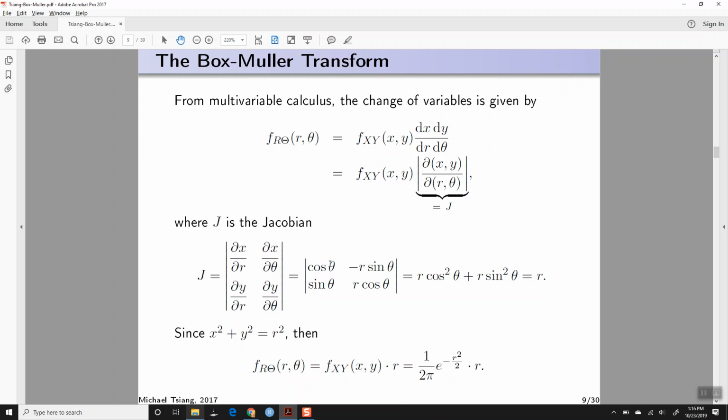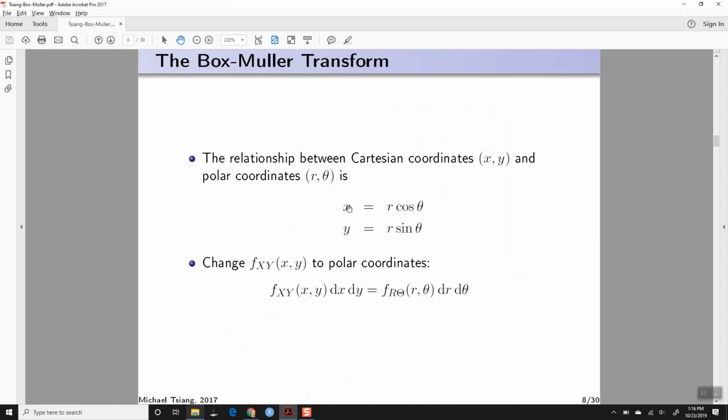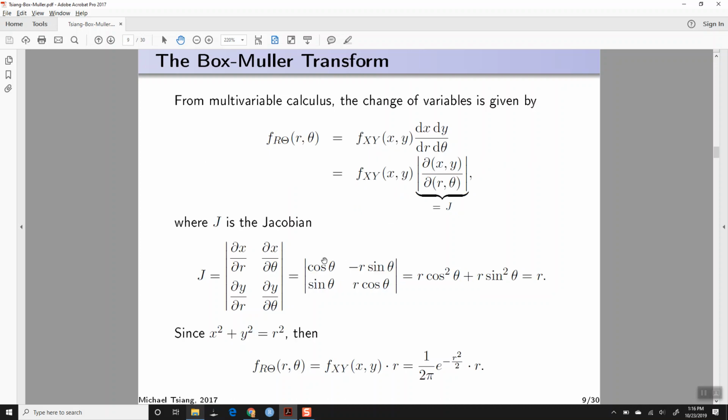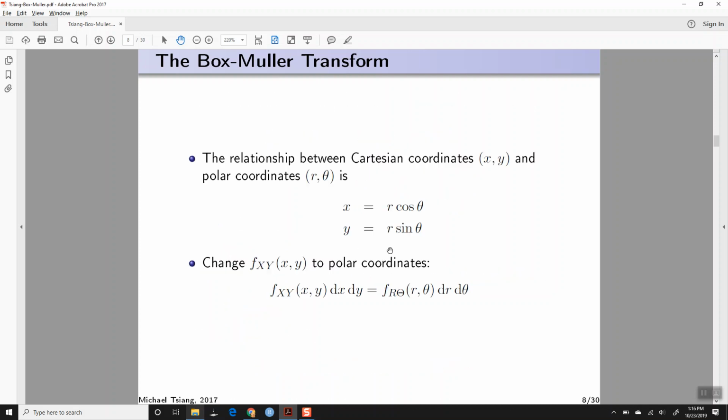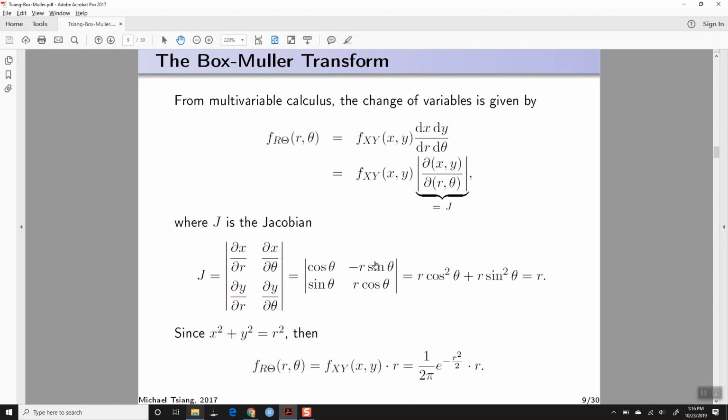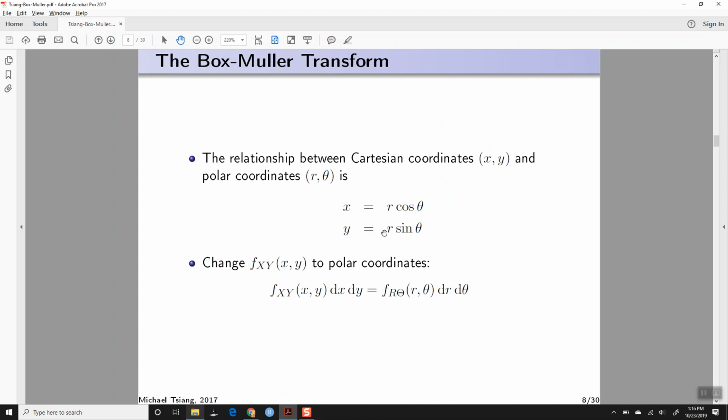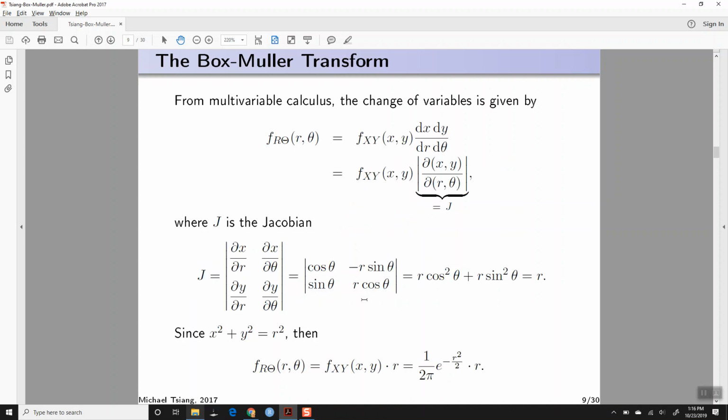And so if you ask, what is dx dr? It's going to be just cosine theta. And what is dy dr? It's just sine theta. And then what is dx d theta? This is going to be negative r sine theta. And then what is dy d theta? That's going to be r cosine theta.